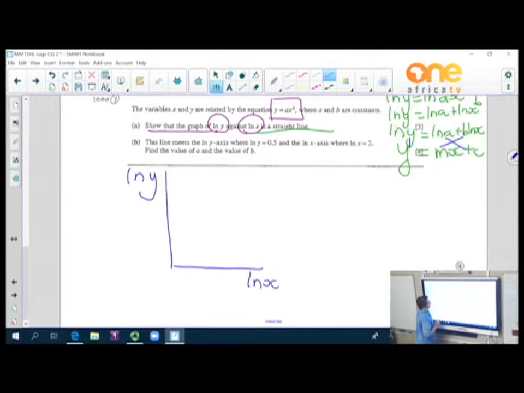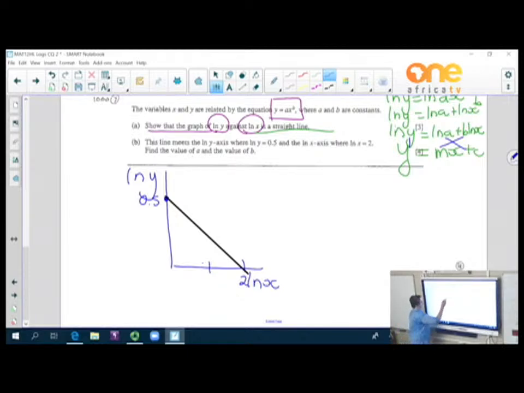It cuts this axis at 0.5, and the ln x axis where ln x is 2. So this graph looks like this. And now I see it's negative. So that's why it's necessary for you to draw it, although they don't say you have to do this.